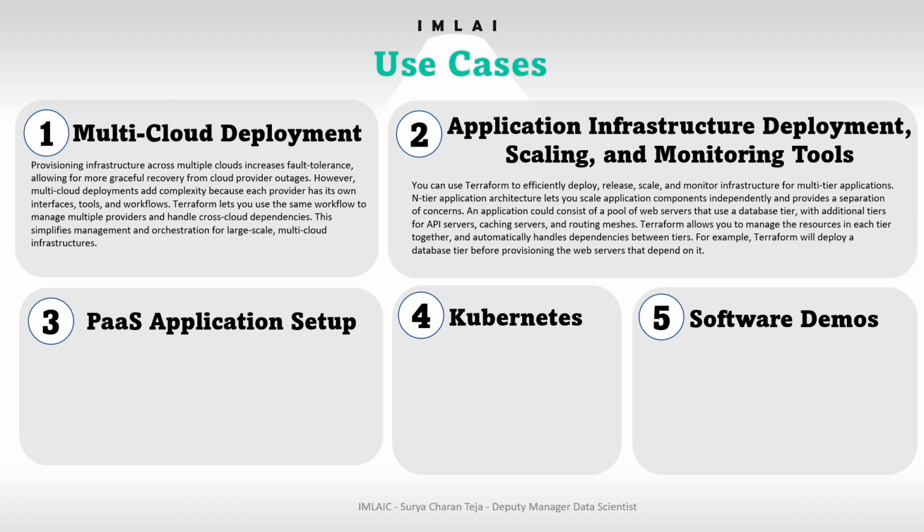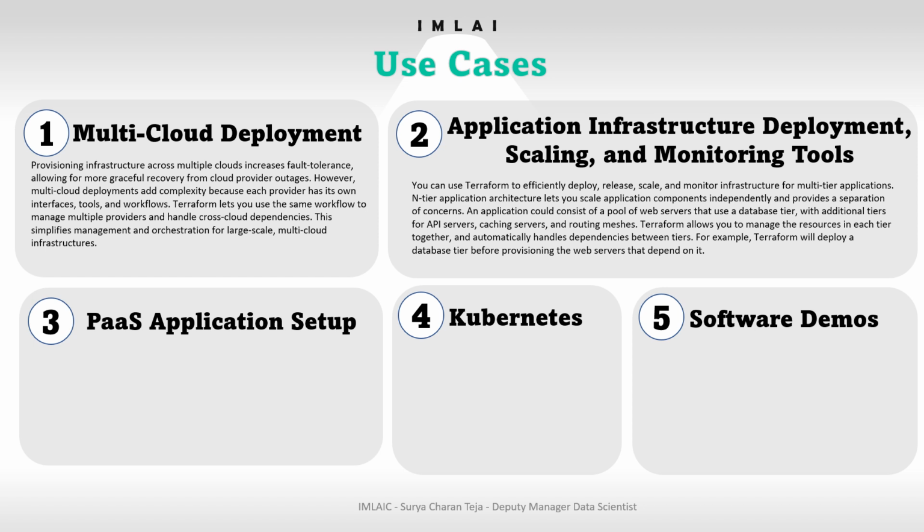The entire application architecture lets you scale application components independently and provides a separation of concerns. An application cloud consists of a pool of web servers that use a database tier, with additional tiers for API servers, caching servers, and routing meshes.